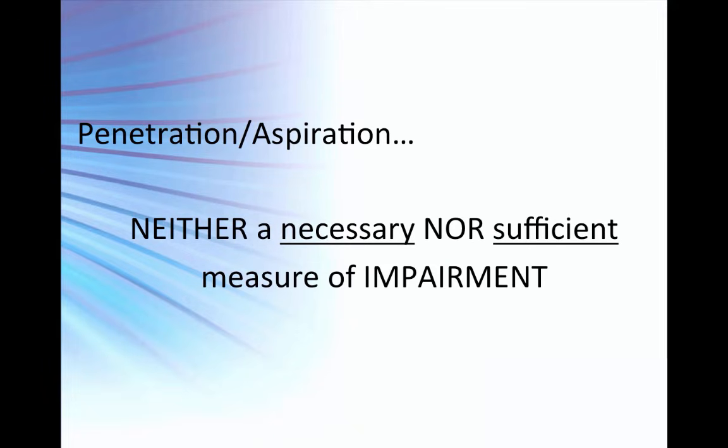So to summarize, penetration aspiration is not a necessary or sufficient measure of impairment, meaning you can have impairment without it, and if that's all you report, it's incomplete. Keep in mind, we use the penetration aspiration scale on every single MBSImP exam.